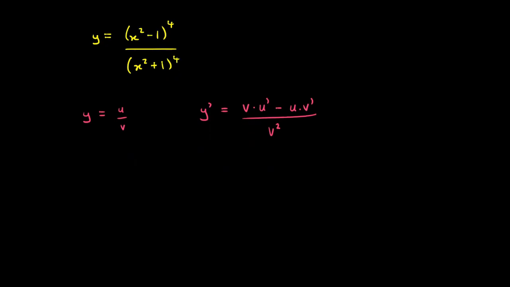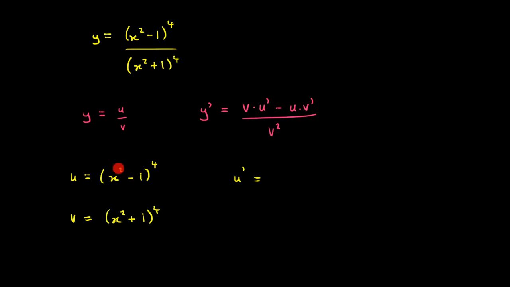So I think what I'll do is differentiate both of these separately. I've got u is x squared minus 1 to the power of 4, and my v is x squared plus 1 to the power of 4. If I differentiate u, I've got to use the chain rule.